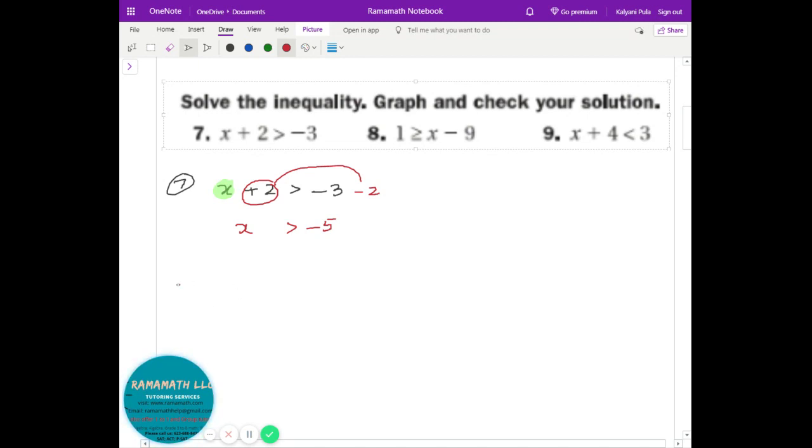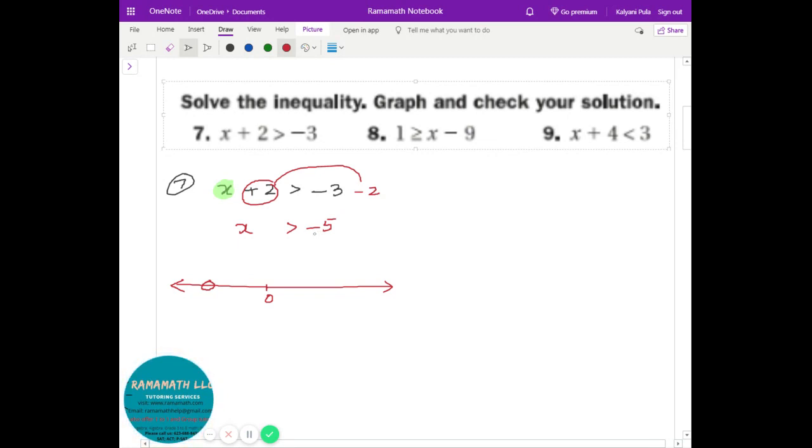So now I draw the number line first and put a 0. All the time, follow the same process. Look for the negative. It's negative 5 here, but this is a greater than sign. There's no equal, no line underneath, so it's going to be an open circle right here. It says x is greater than negative 5.